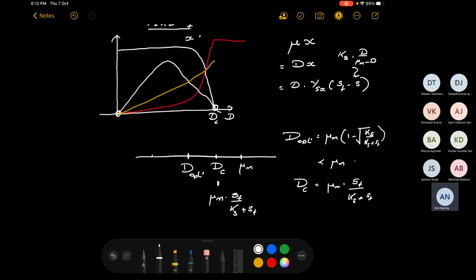I've just drawn the relative magnitudes and shown you the picture that must prevail. The fact that D optimum is less than mu m comes straight out of the formula you have. It will be interesting to see the relationship between D optimum and D critical. Your D optimum had better be less than D critical. Is it or is it not? You can check.